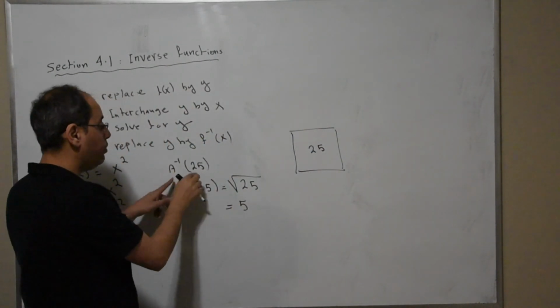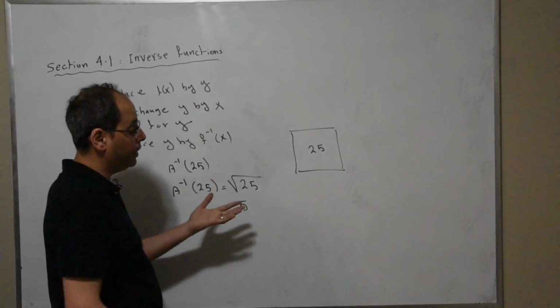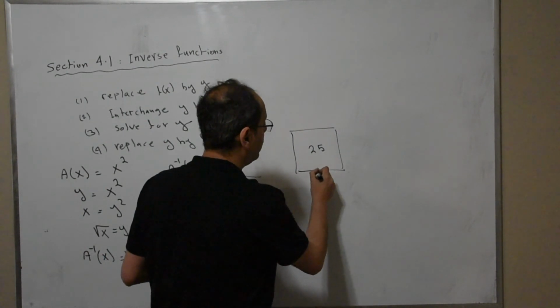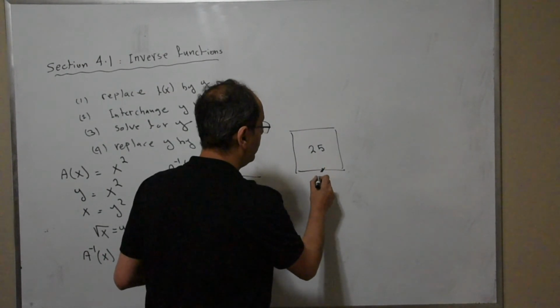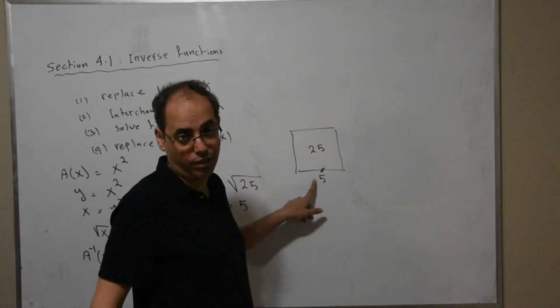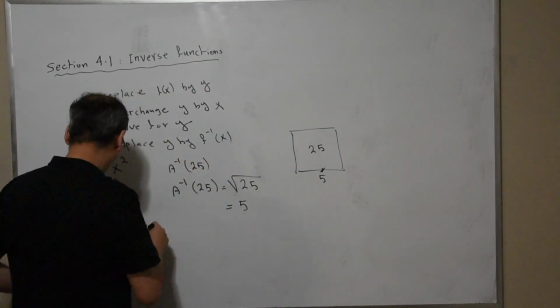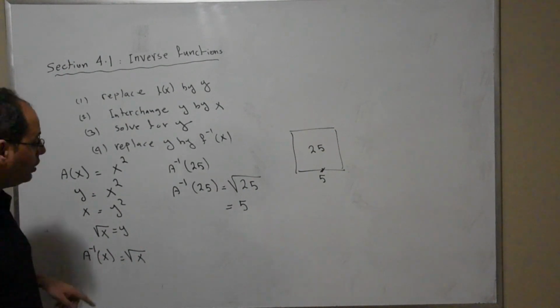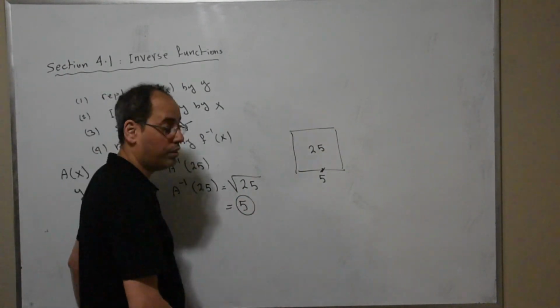Okay, the inverse of 25, if we interpret that, that would be the size of the side here, which is 5. You can say geometrically that this side is negative 5. So that's why we eliminate the negative here to get a positive here.